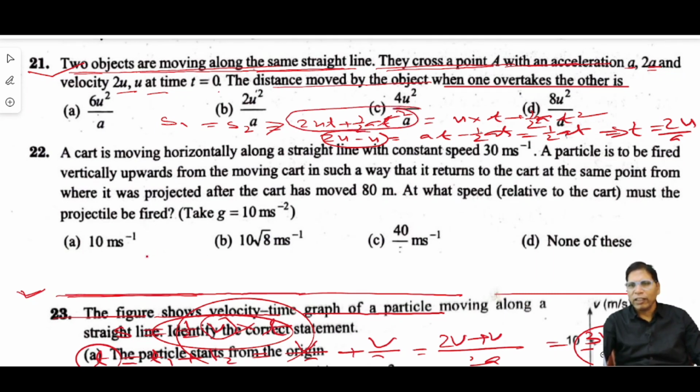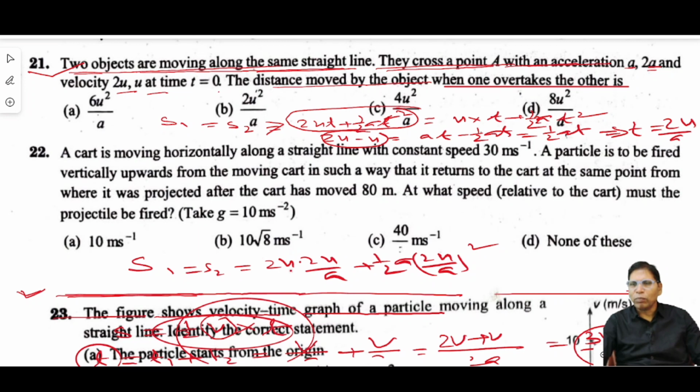We get S1 or S2 equals 2u into 2u by a plus half into a into 2u by a whole square. This is 4u square by a, and this is 4u square by 2a. So this is 3 by 2 into 4u square by a. Therefore, 6u square by a is the answer.